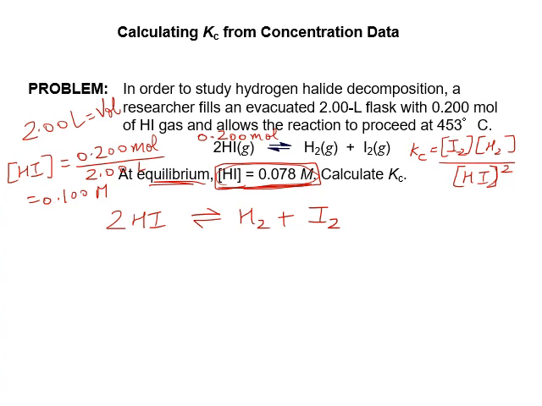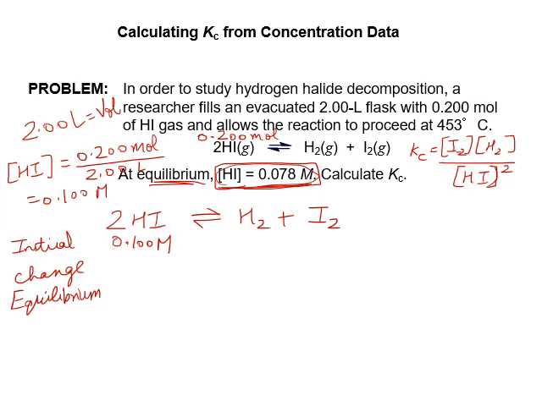So when you make an ICE table, it consists of the initial concentration, the change, followed by the equilibrium concentration. What are these? Initial is what you started with. So when I started my reaction, the question tells me the researcher has 0.100 molar HI.